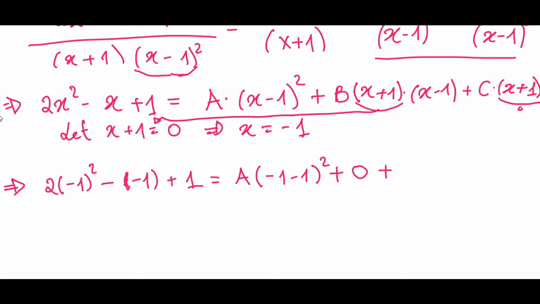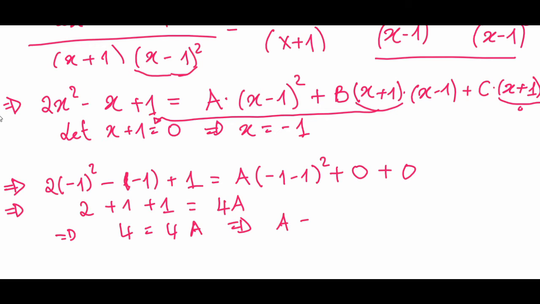So from here I obtain 2 + 1 + 1 is equal to 4a, since -1 - 1 is -2, and squared gives me 4. So 4 is equal to 4a, and a will be 1.